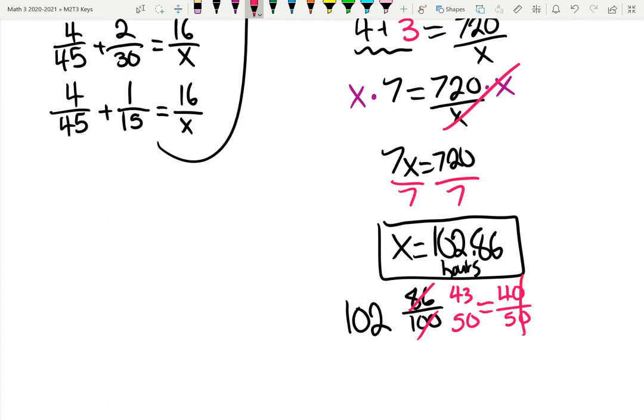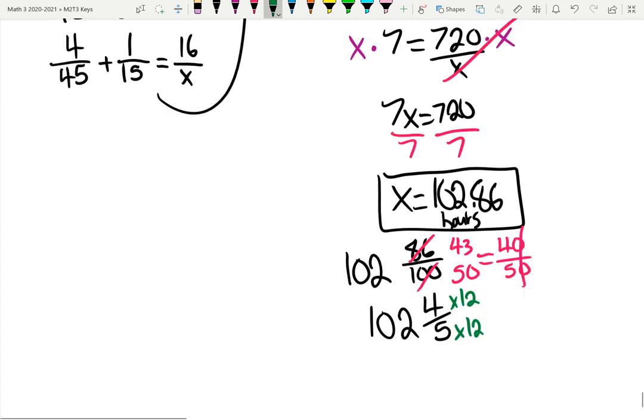And I'm going to cancel that to be 4 over 5. So essentially, I have an estimated answer of 4 over 5. How many 5s are in 60 is 12. And then I'm going to end up with 102 hours and then approximately 48 minutes.